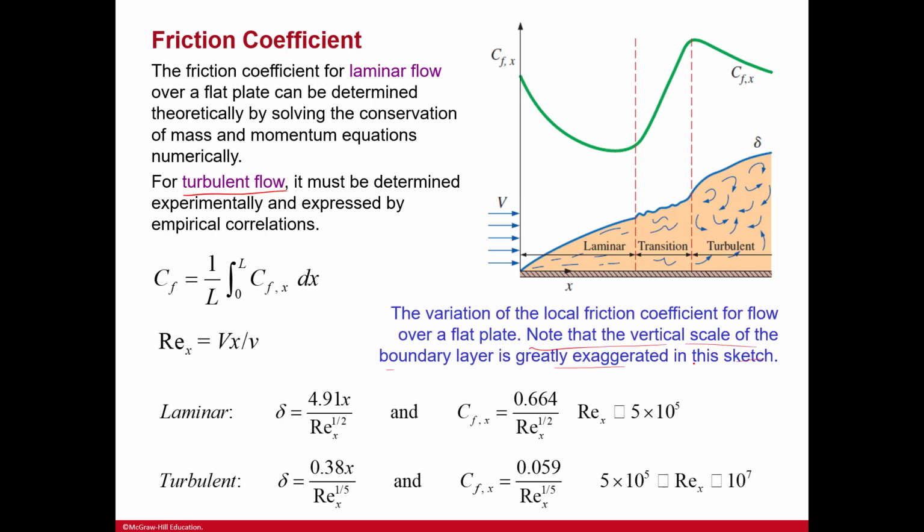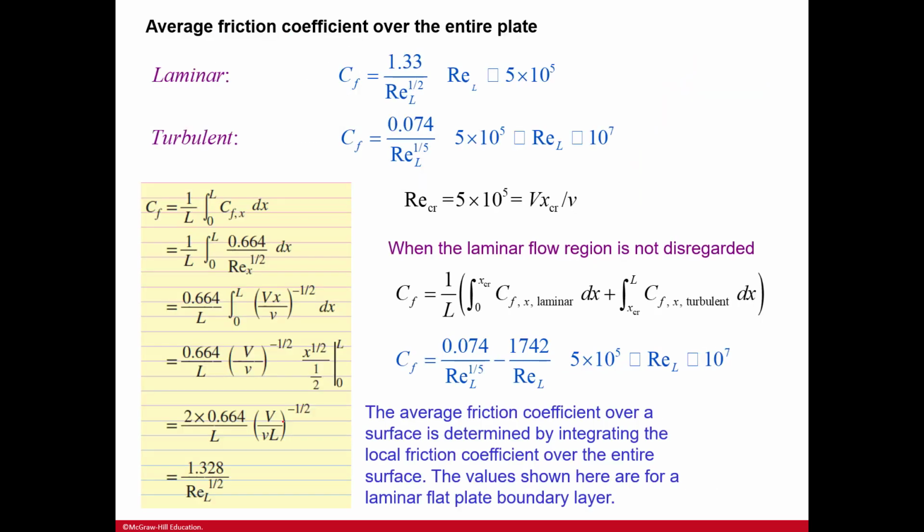Sometimes we exaggerate things to convey a message. Here are these formulas, these laminar changes, turbulent changes, things like that. The average friction coefficient over the entire plate: so you have the laminar coefficient of friction and the turbulent coefficient of friction.